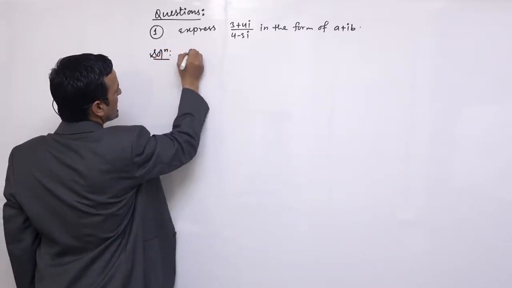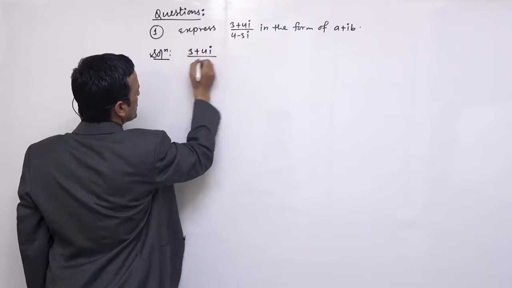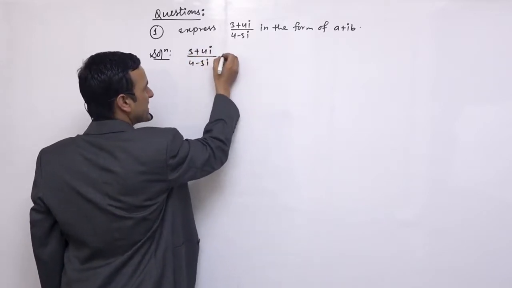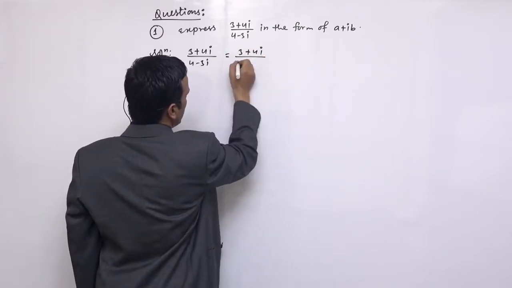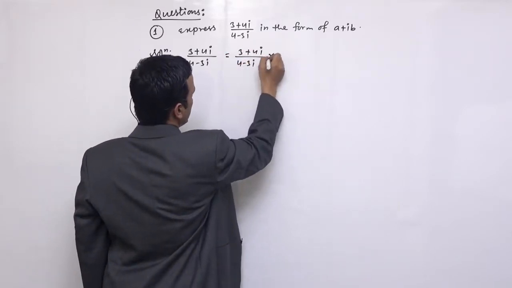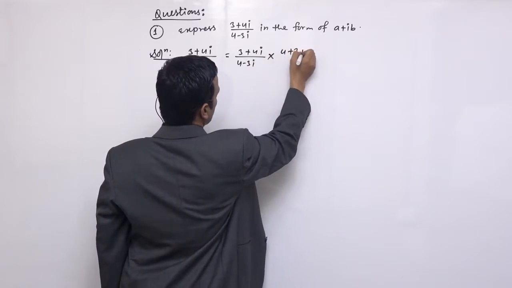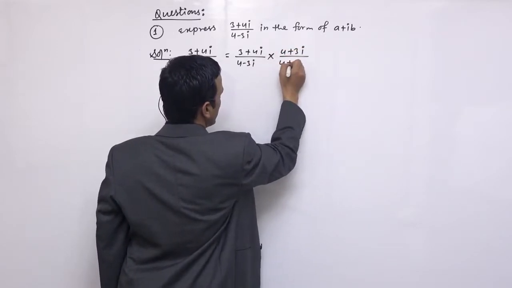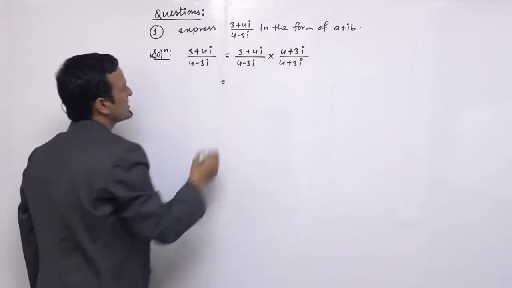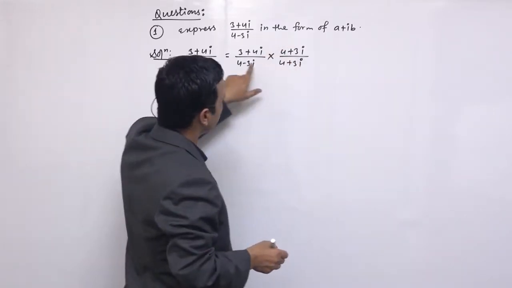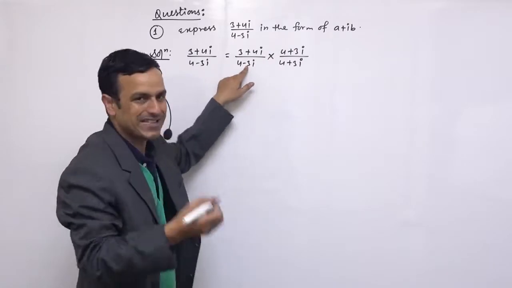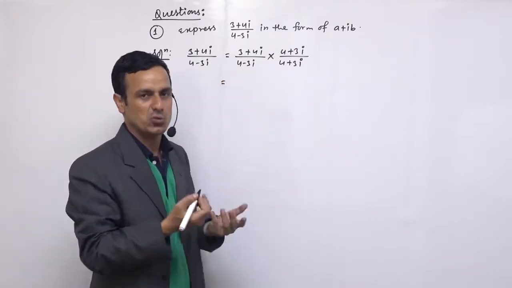To solve this we have to use the conjugate. So 3 plus 4i divided by 4 minus 3i into 4 plus 3i divided by 4 plus 3i. So this is the question and we should multiply by its conjugate, or we can say rationalizing the denominator.